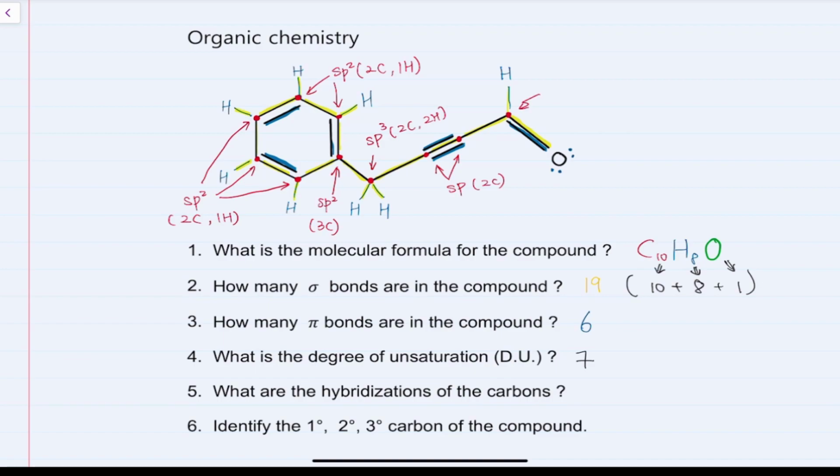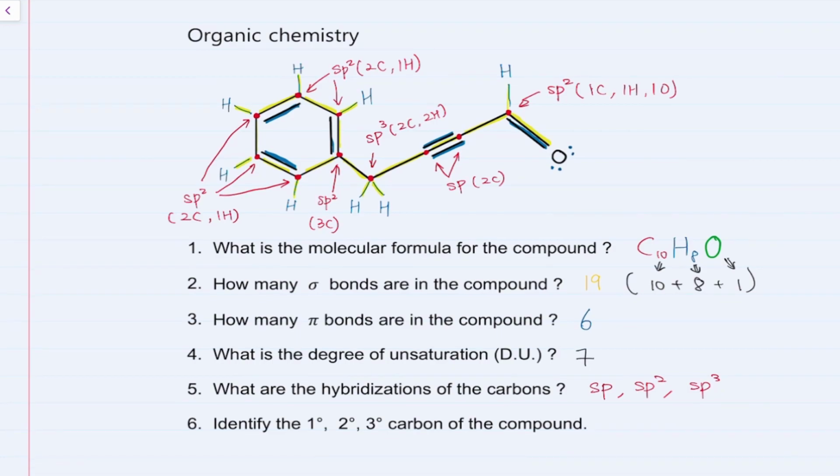This carbon here is sp2 hybridization, but this carbon is attached to 1 carbon and 1 hydrogen and 1 oxygen. So there are sp hybridization and sp2 hybridization and sp3 hybridizations.